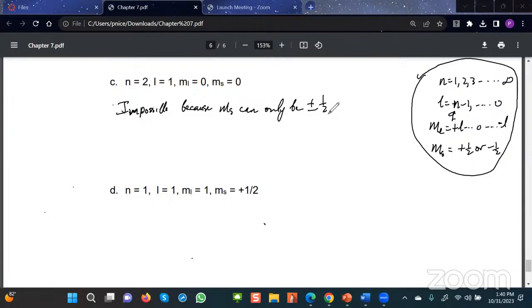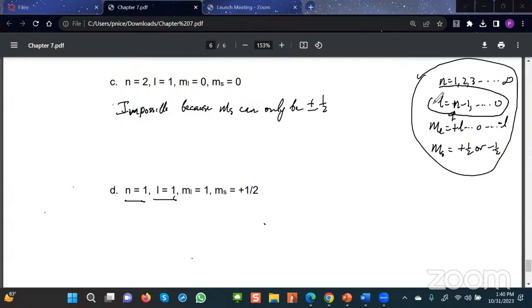Okay, what about D? N is equal to 1, L is equal to 1, ML is equal to 1, and MS is equal to +half. Is that possible or impossible? Why do you say it's possible? Let's start with L equal 1. If N is equal to 1, remember what we say here.